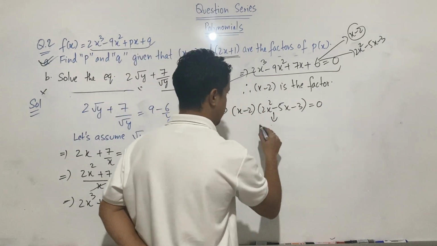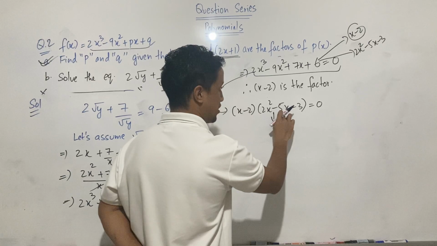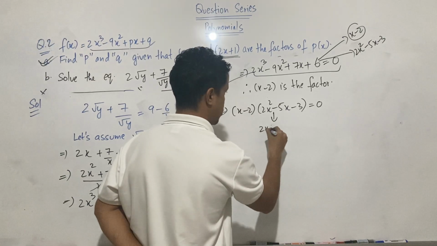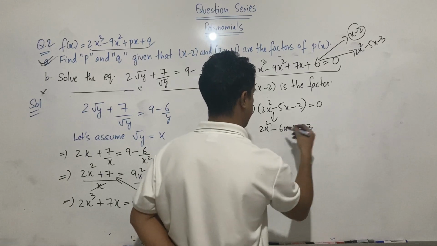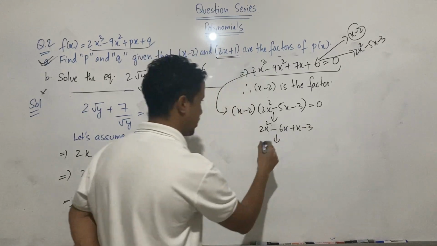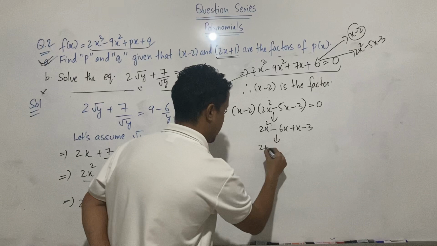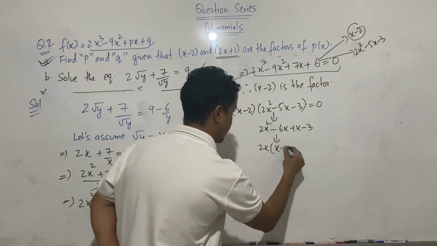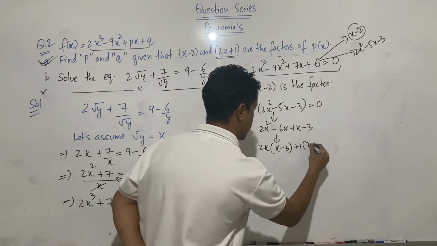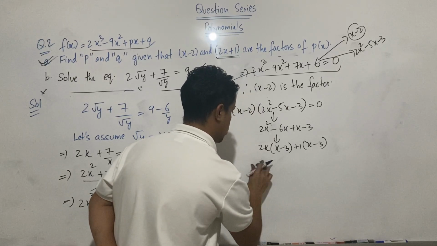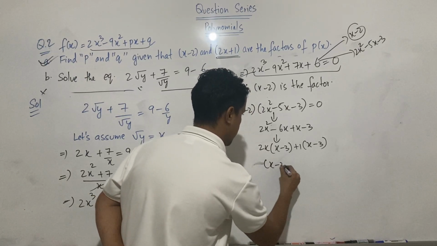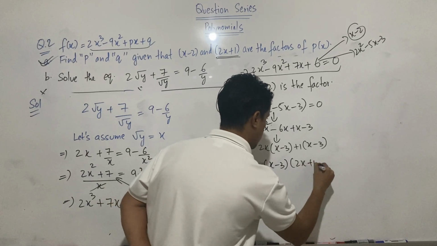See here, this is going to be splitting the middle term: 2x squared minus 6x plus x minus 3. So it's going to be 2x times x minus 3 plus 1 times x minus 3. So it's going to be x minus 3 and 2x plus 1.